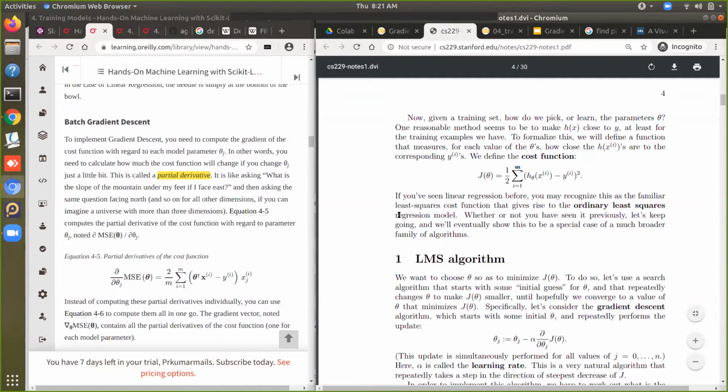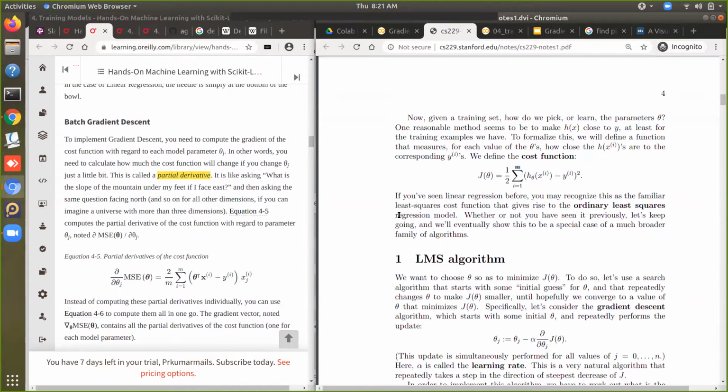Minimizing the function 2x is the same as minimizing the function 4x. Whatever constant comes along with the function doesn't play much role while doing the optimization, so we can ignore that. Here in our scenario we have 1 by 2m, where m is the number of input samples.